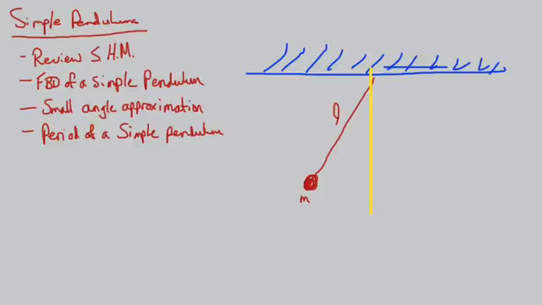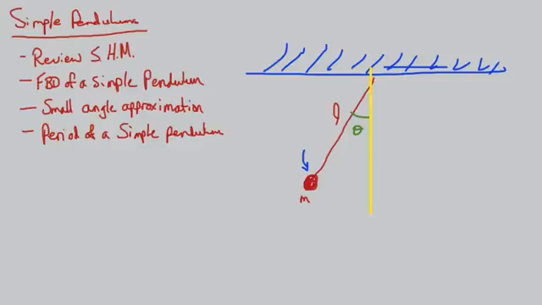And this right here gives us an angle of theta. This is suspended by a very light string that has an insignificant mass, but there's a significant mass down at the bottom. So really all we're worried about is this thing down here and how it's swaying back and forth.